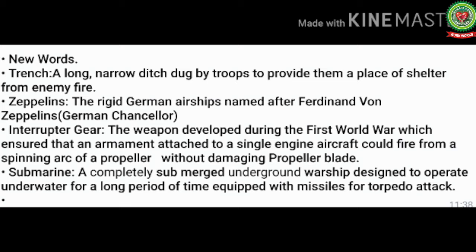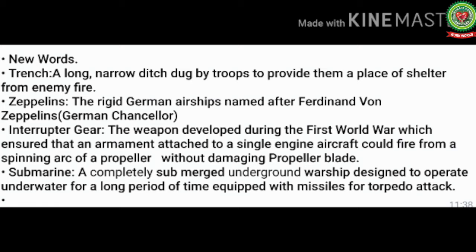Interrupter gear: the weapon developed during the First World War, which ensured that an armament attached to a single-engine aircraft could fire from the spinning arc of a propeller without damaging the propeller blade. The other name of interrupter gear was gun synchronizer.